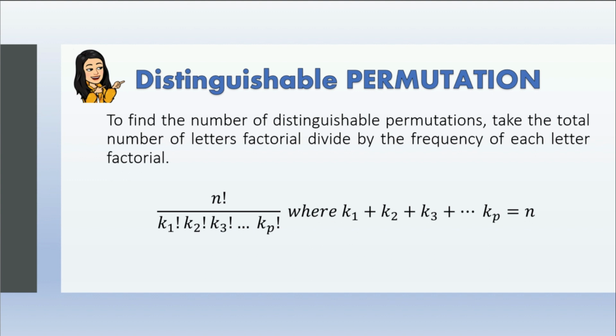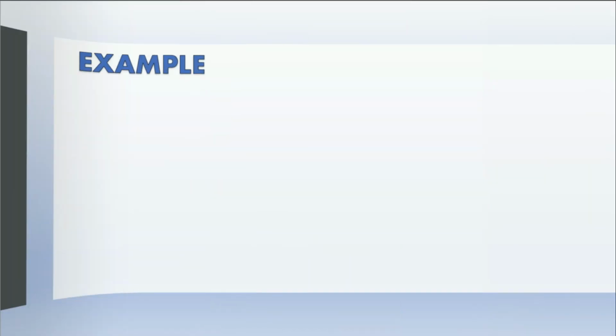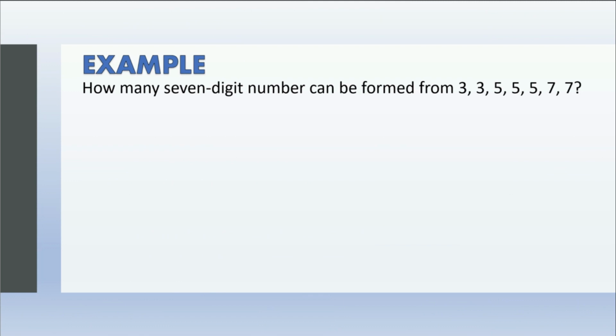Let's have some examples. How many 7-digit numbers can be formed from 3, 3, 5, 5, 5, 7, 7? In the given problem, the value of n is 7. And as you notice, number 3 appears twice, and number 5 appears thrice, while number 7 appears twice.